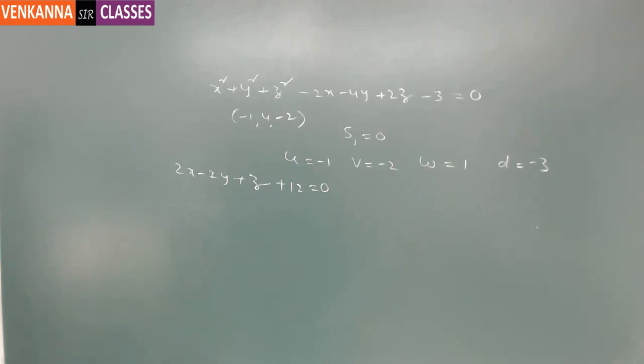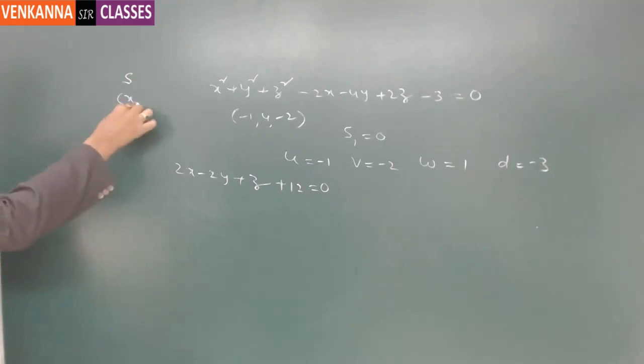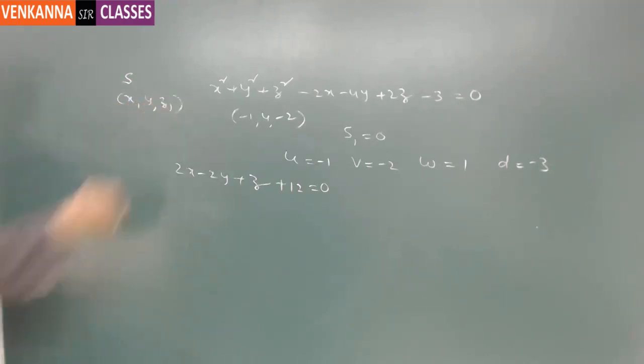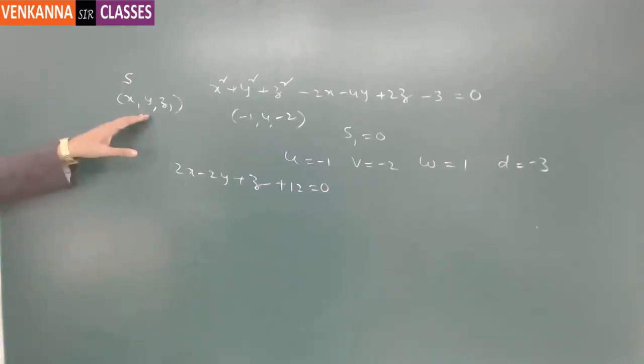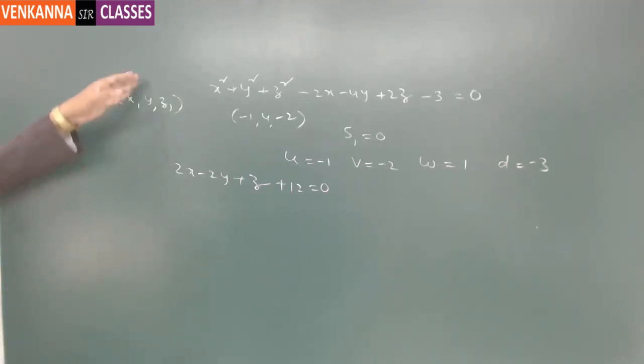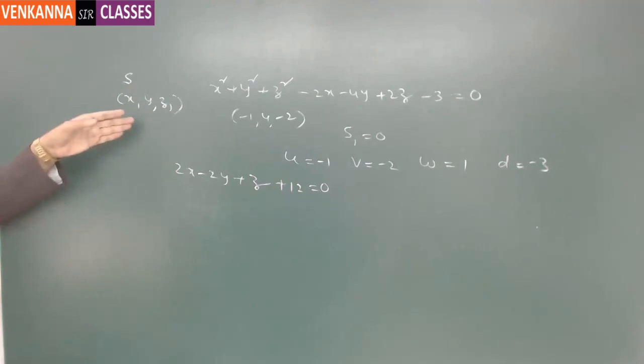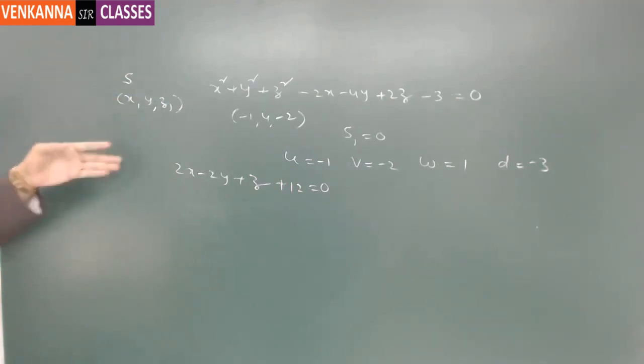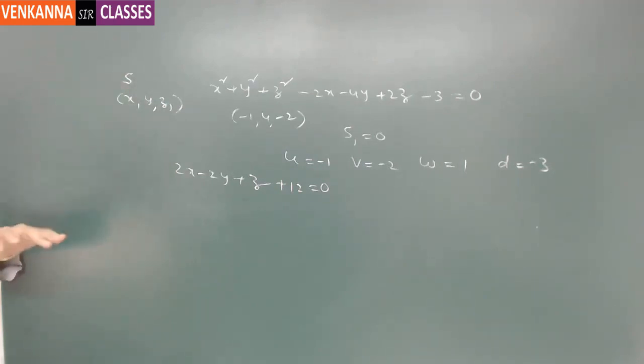If everyone agrees with that, then I will take the other model. In the meanwhile, let me know, I have given a sphere S and a point. If you want to know whether this point belongs to the interior of the sphere, or it is lying on the sphere, or it is outside of the sphere, how do we check?